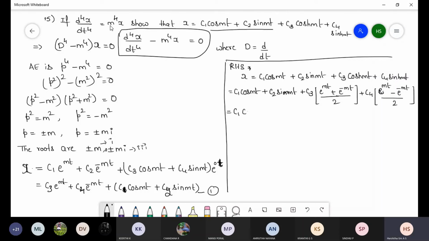Now, C1 cos mt plus C2 sin mt. Here, I just take e power mt as common. So if I take e power mt as common, it remains C3 plus C4 divided by 2, I write as it is, plus next e power minus mt means here C3, here minus into plus minus C4 divided by 2.